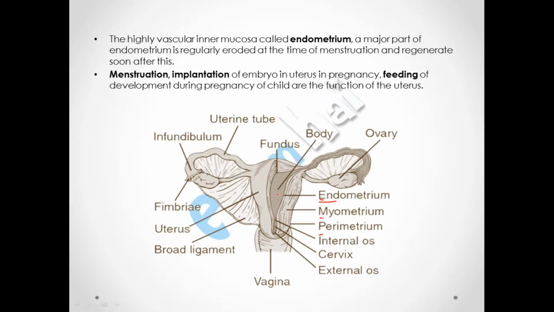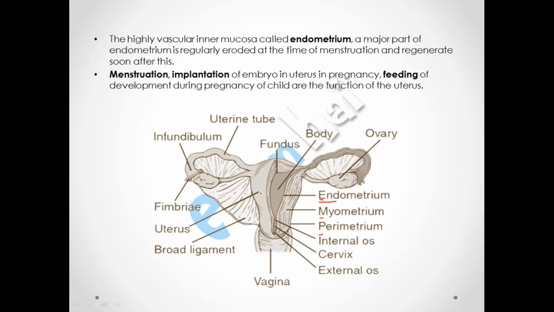During the menstrual cycle, this endometrium layer is full of blood vessels, and it is ready to nourish any fertilized ova. But if no fertilization takes place between the male and female gametes, this endometrium erodes and regenerates soon after for the next fertilization.